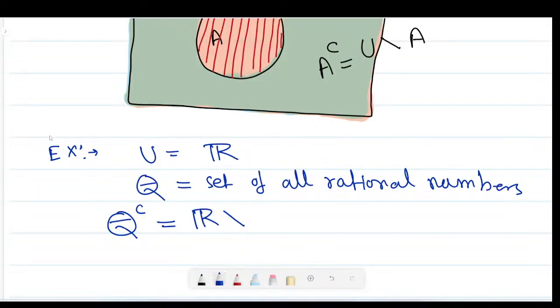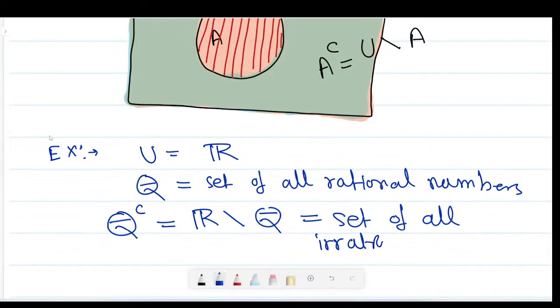We are removing the rational numbers from the real number set, so what remains? The remainder are the irrational numbers. So this is my set of all irrational numbers. That's why we denote the set of all irrational numbers like this.